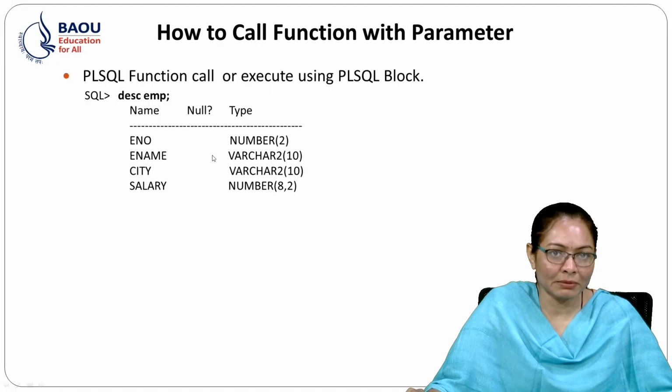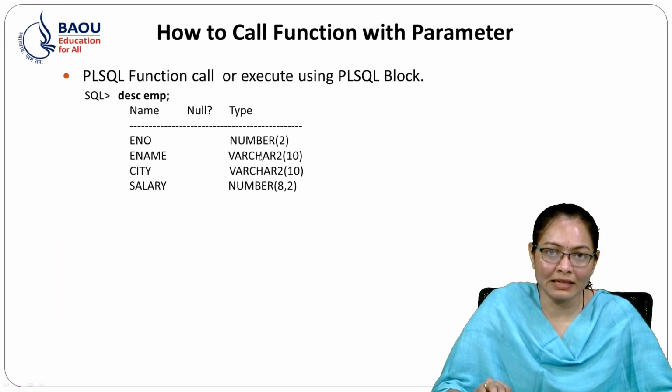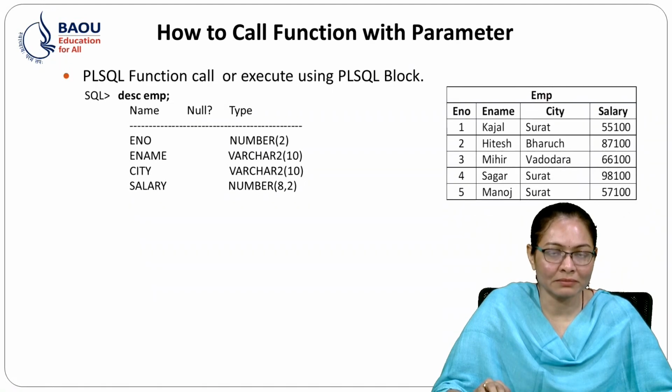Employee number has a number data type with size 2, and employee name has a varchar2 data type and size 10. Thus we declare the two variables, n for a number and nm for a name, with the same data type and size as the columns of the employee table.